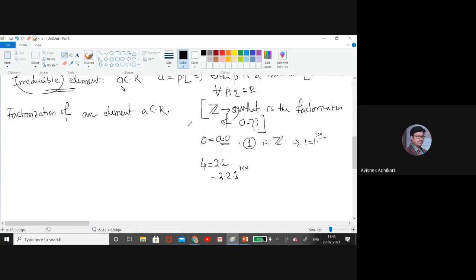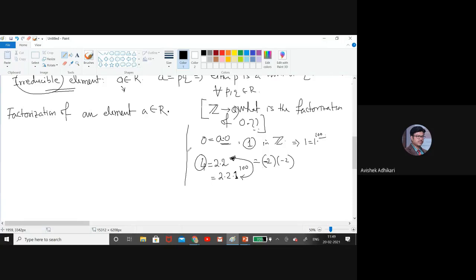Okay. So you made some logic, but you can understand that here you will have many different factorization options. For 4, you might have 2 into 2, as well as minus 2 into minus 2, and many more options.